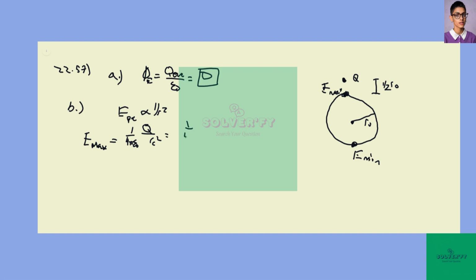This is 1 over 4 pi epsilon naught q over (r naught over 2) squared, because that's the distance it is, as we see here. And if we simplify that, this works out to being q over, not 4, but, pi epsilon naught r naught squared. Cool. Now let's find the minimum.